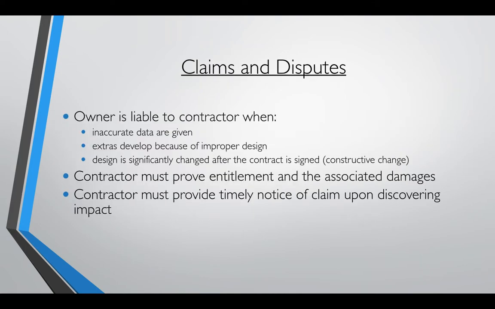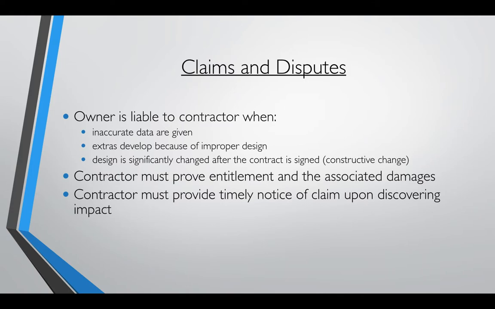So the owner is liable to the contractor when inaccurate data is given, extras develop because of improper design, and design is significantly changed after the contract is signed. A constructive change has occurred. The contractor must prove entitlement and the associated damages, and the contractor must provide timely notice of a claim upon discovering it.